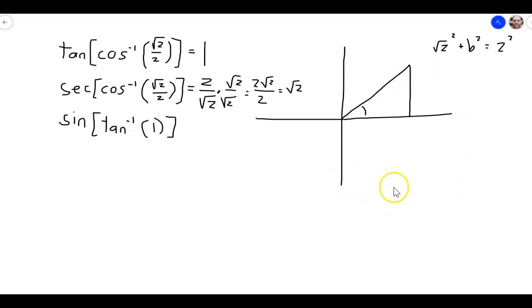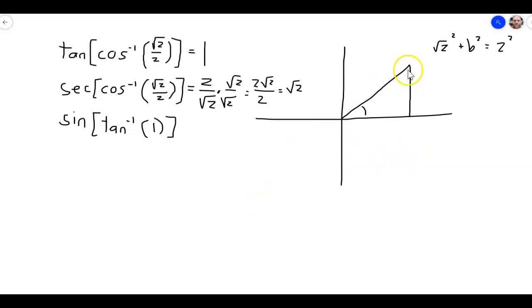Remember, that goes from negative pi over 2 to pi over 2, or from negative 90 to positive 90. Since the value here is positive, I know I'm in the first quadrant again. So all three of these happen to be in the first quadrant, but remember that we're usually either going to be in the first, the second, or the fourth quadrant, depending on which of the 6 functions that we have. I don't actually ever think that we're in this third quadrant here.